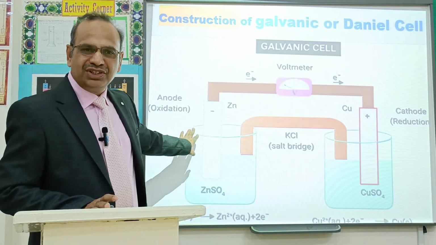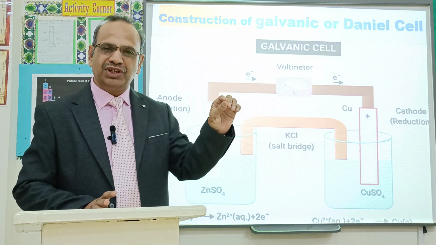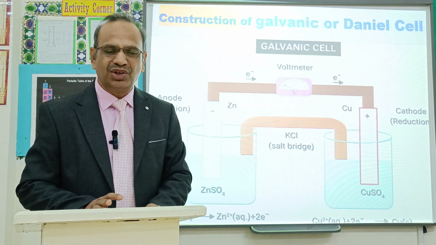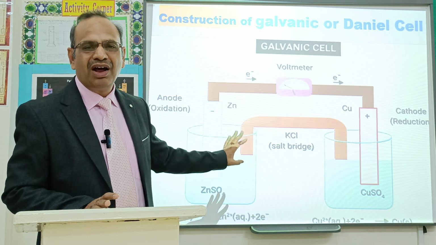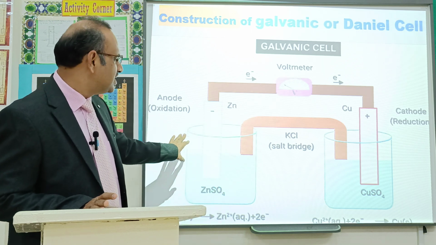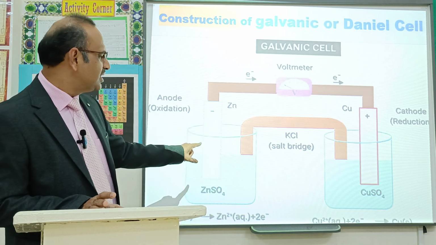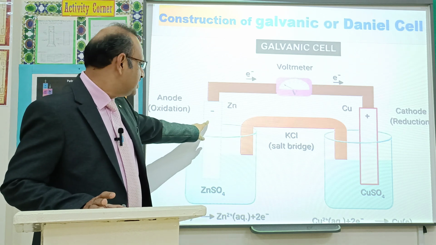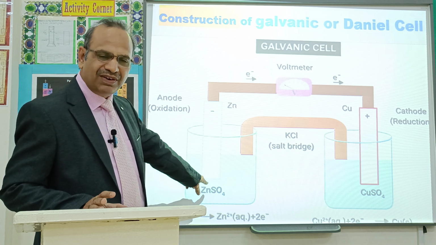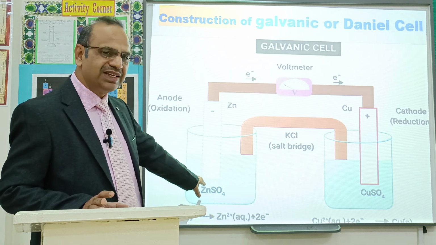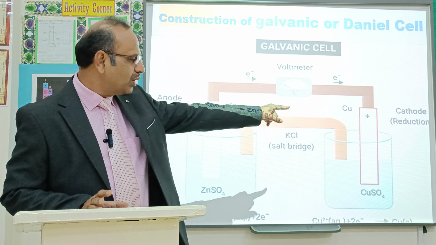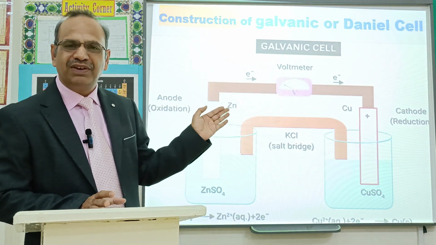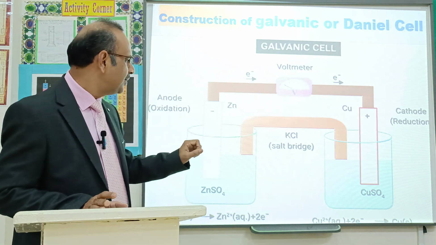As regards construction, if in the question it says write, explain or discuss the construction of the Daniel cell, you must draw and label a figure. This is a diagram which shows a Daniel cell. Look here, it contains two containers. In one container, a zinc electrode is dipped in a zinc sulfate solution. Here zinc sulfate acts as an electrolyte, and a copper electrode is dipped in a copper sulfate solution, and copper sulfate also acts as an electrolyte.